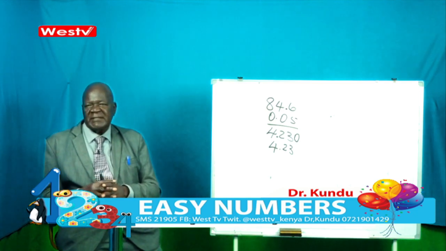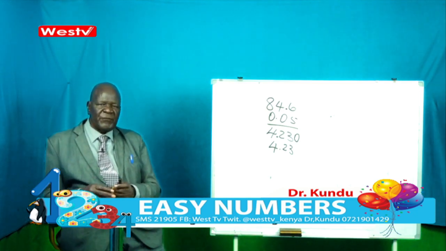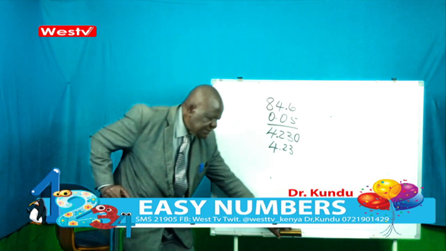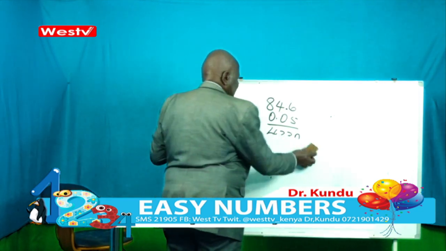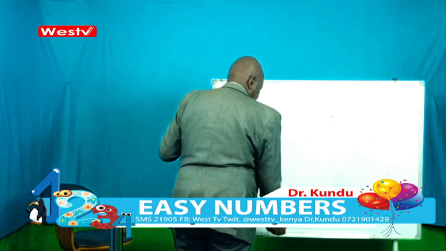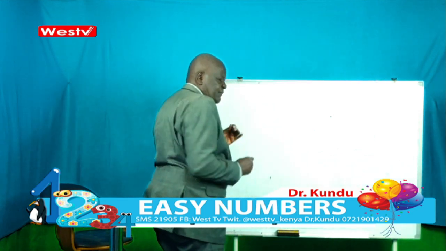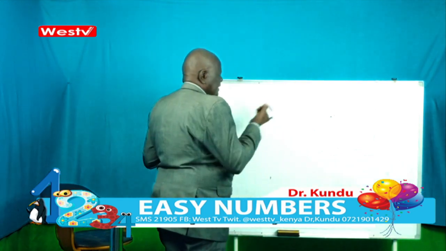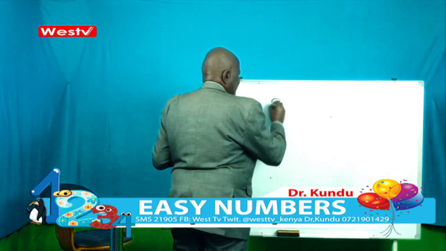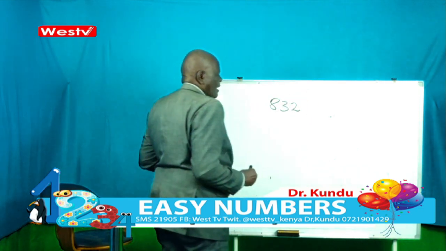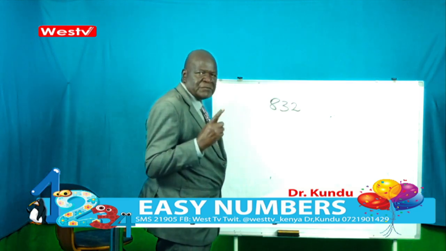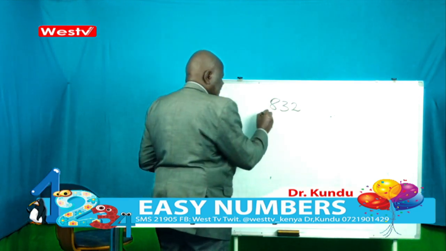If a goat in a shop is going for 5,000 shillings, and the Kenya Meat Commission is going to buy from a certain farmer some 832 goats, and each goat is going for 5,000 shillings.